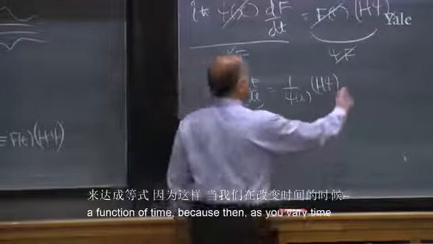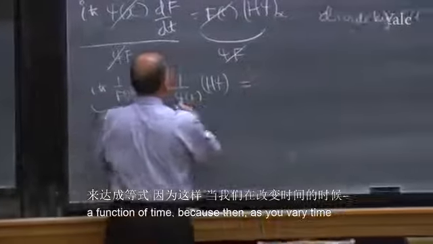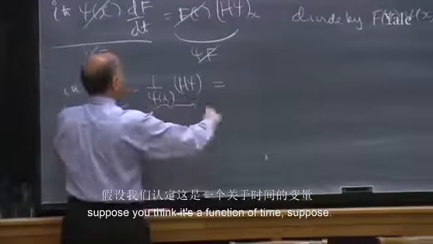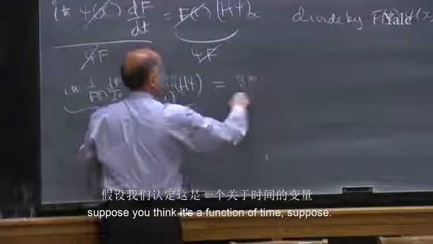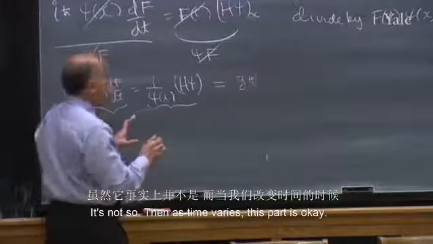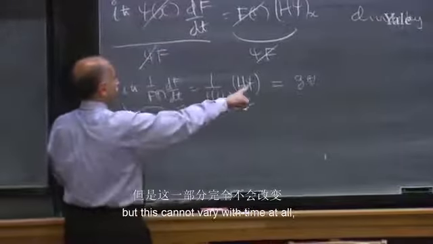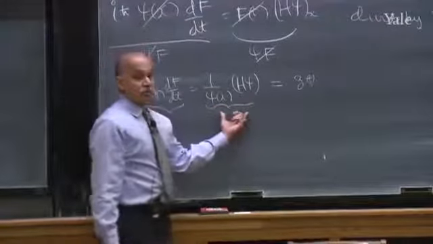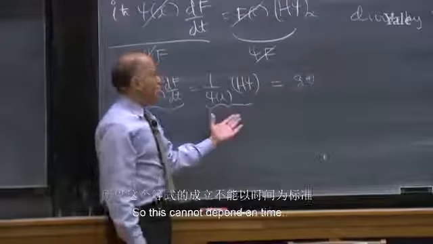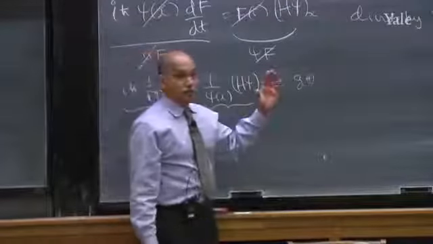They cannot be equal to a function of time, because then, as you vary time, suppose you think it's a function of time. Suppose it's not so. Then as time varies, this part is okay. It can vary with time to match that, but this cannot vary with time at all, because there is no time here. So this cannot depend on time.